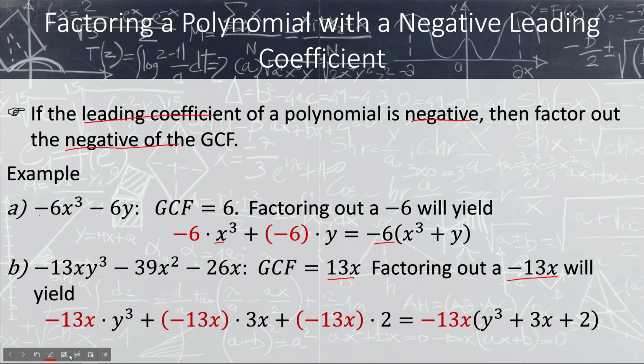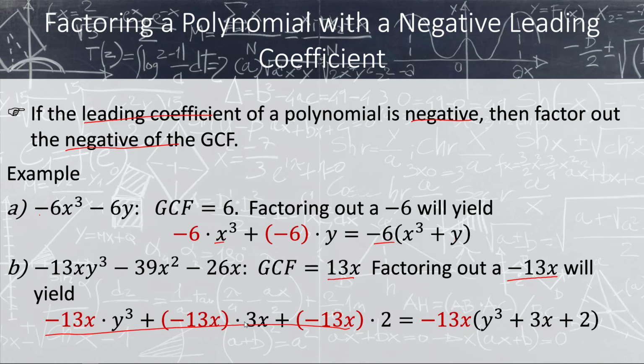First we have to find the other factor that will produce negative 13xy cubed, and that of course would be multiplying by y cubed. To get negative 39x squared, we would need to multiply negative 13x by 3x, and to get negative 26x, we would need to multiply negative 13x times 2, which is how we get this expression here.